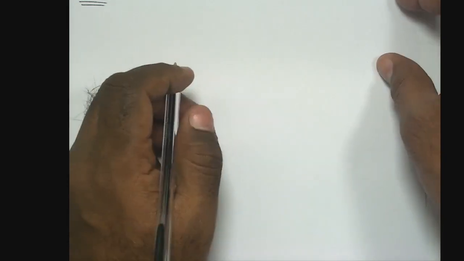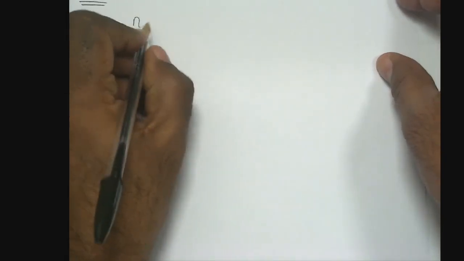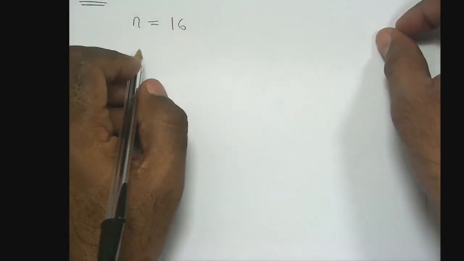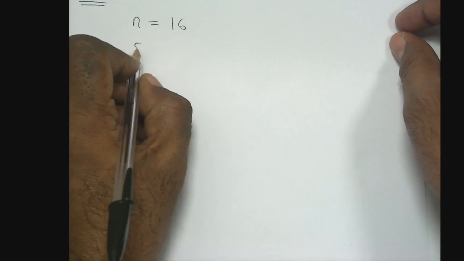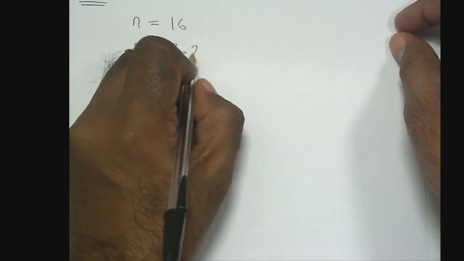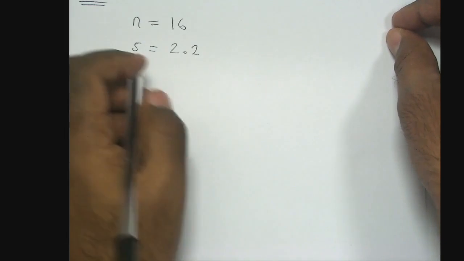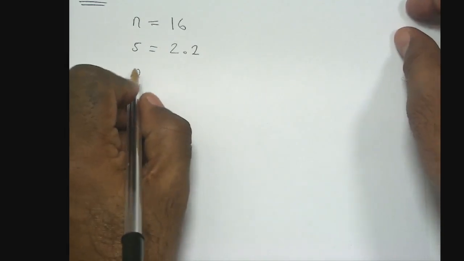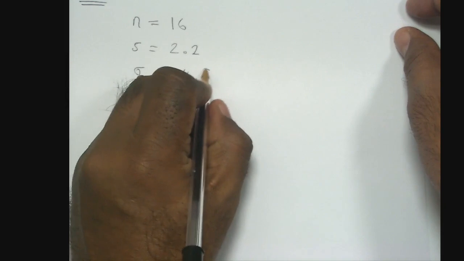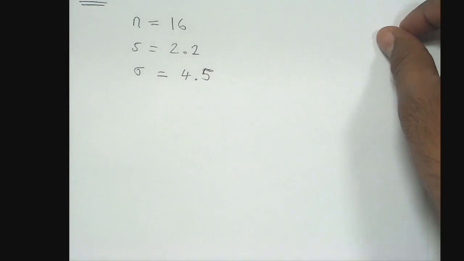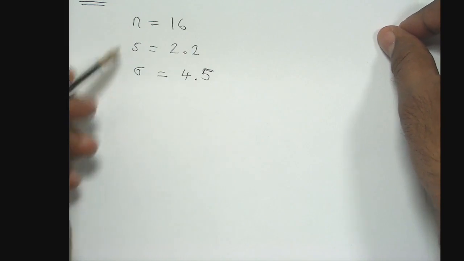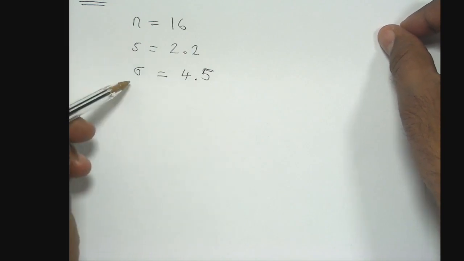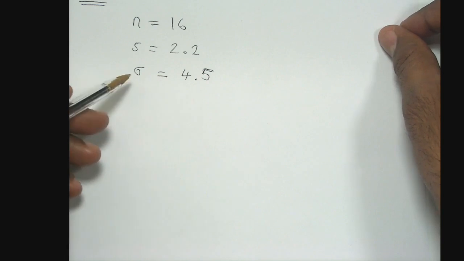Now we are told that 16 runs, so the sample size n is equal to 16, and 2.2 is the sample standard deviation. Remember, s is the square root of s squared, and we are trying to test the hypothesis that sigma is equal to 4.5. So n equal to 16, s equal to 2.2, and we are testing the hypothesis that sigma is equal to 4.5.